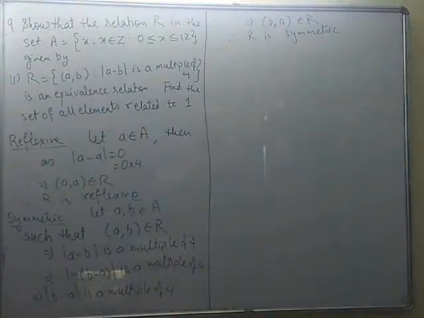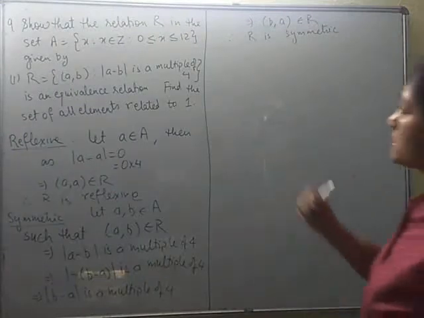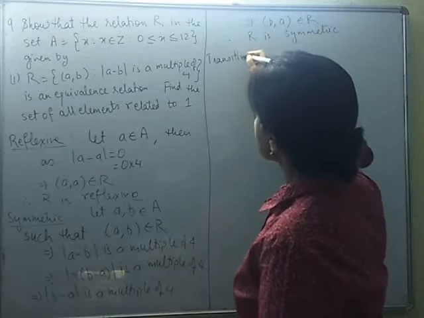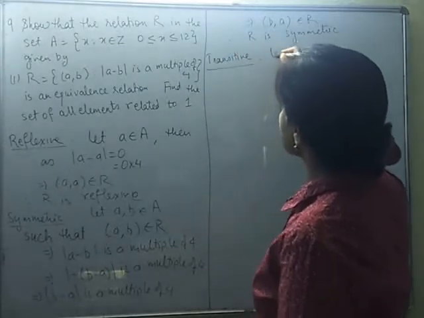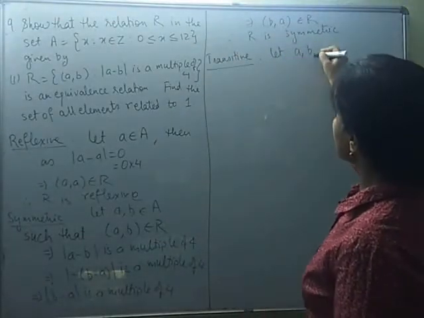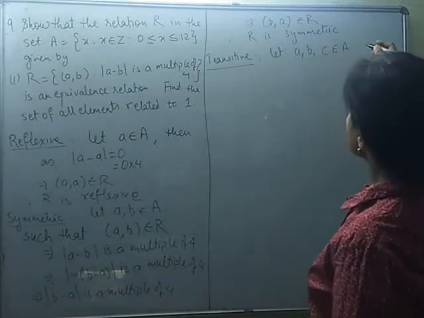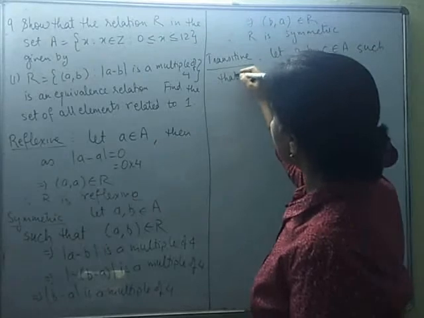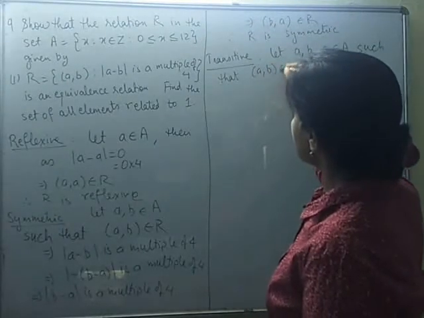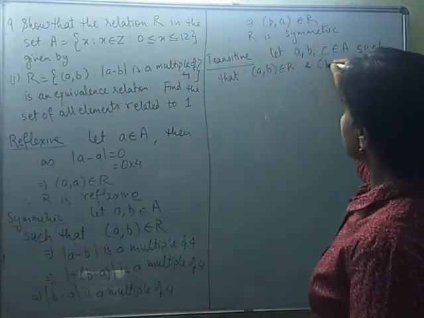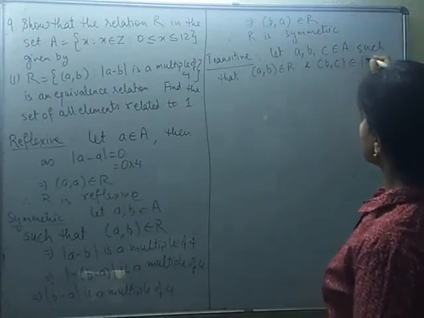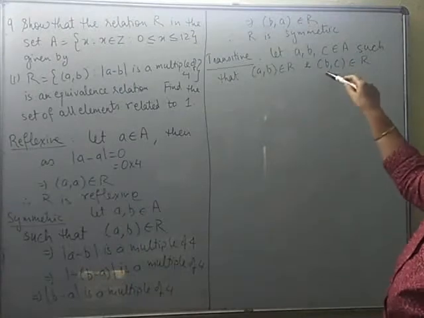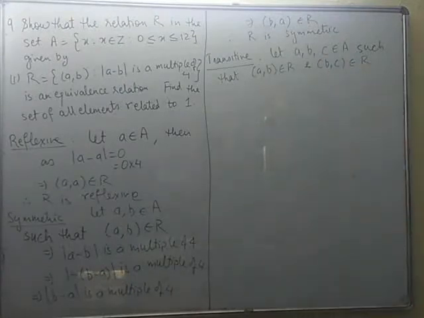Now the last thing left to verify is transitivity. We'll see whether the relation is transitive or not. Take down the required conditions first. Suppose a, b and c are three integers from set A such that pair (a, b) belongs to R and pair (b, c) belongs to R. So the relation that a is satisfying with b, b is satisfying the same relation with c.